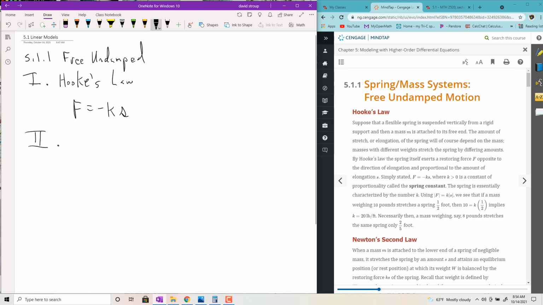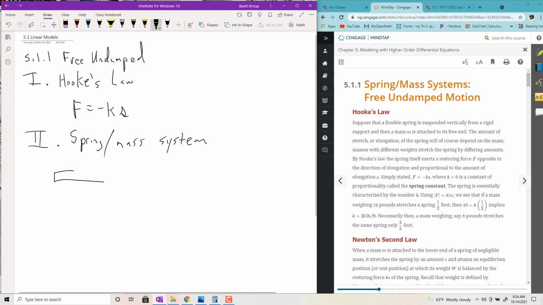Anyways, secondly, let's get a schematic of the system we're trying to get a differential equation for. So this is a spring-mass system.